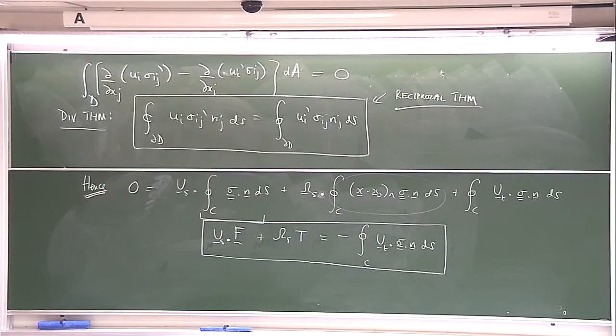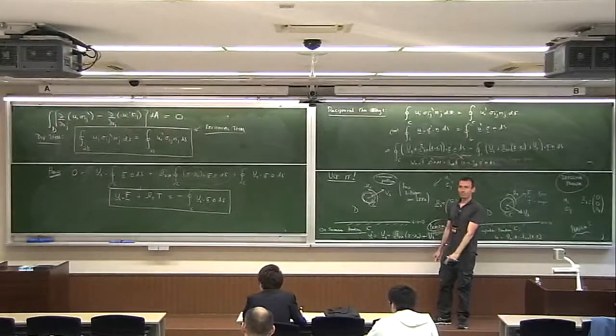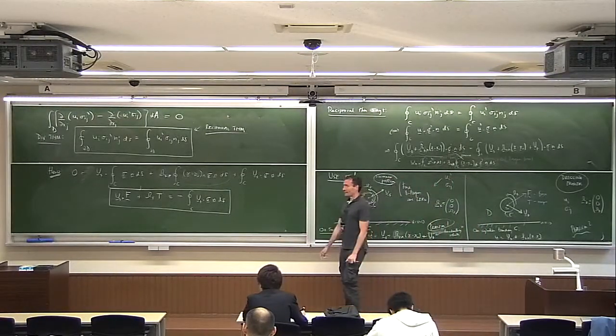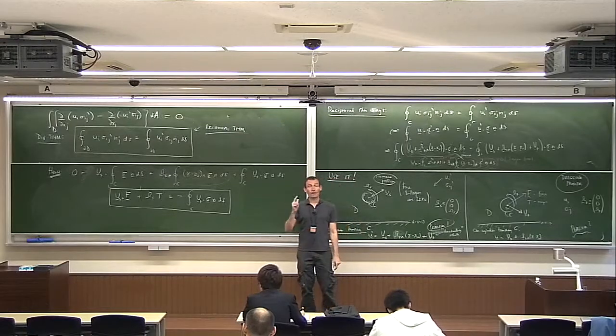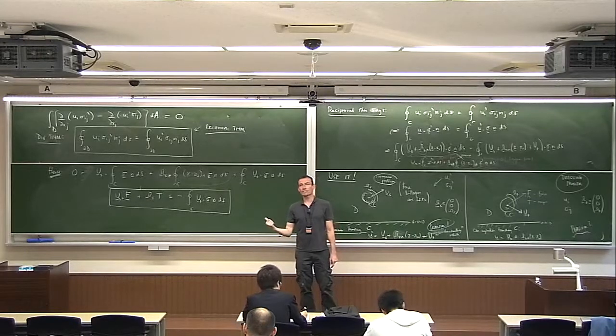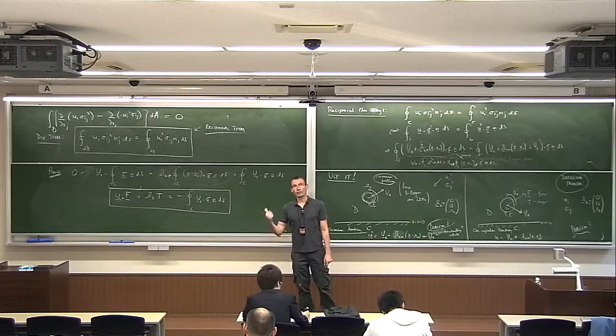Okay, we'll stop for a few minutes in a minute, but let's just look at this. Anybody got any thoughts? Have a think about this. What I'm going to claim is that I can use this to get the swimmer velocities without solving the swimmer problem.